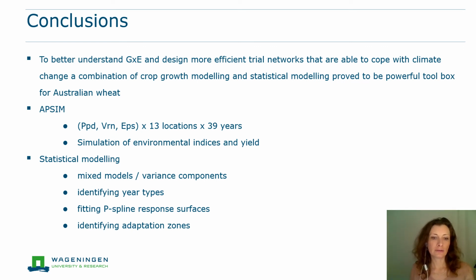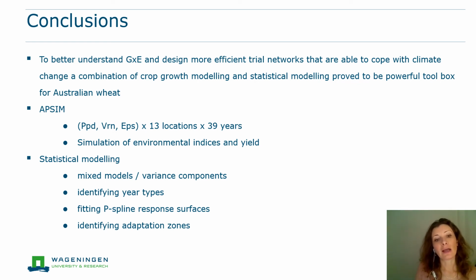Here we fitted these p-spline response surfaces to simulated data, but obviously the next step, and the next thing we are looking forward to, is to apply this methodology to real yield data that was collected in the variety evaluation system in Australia.